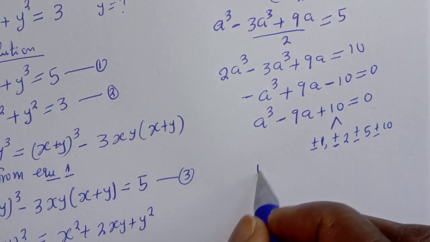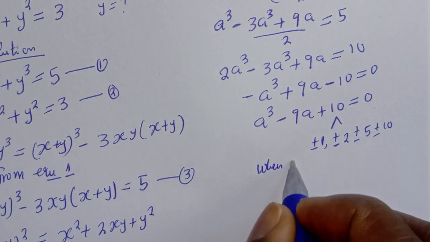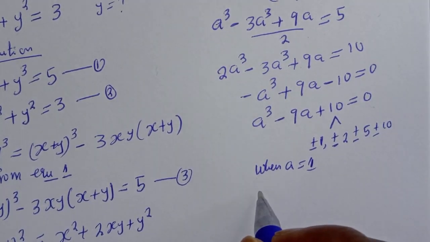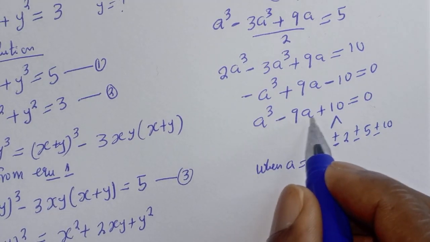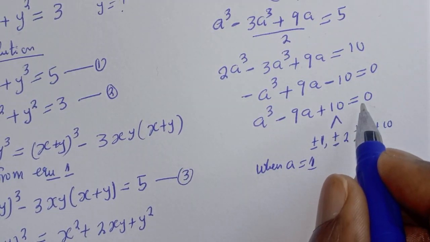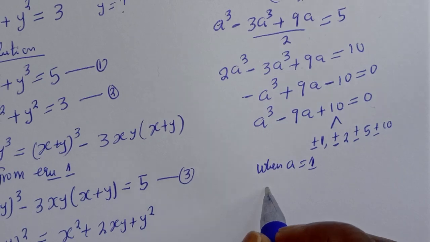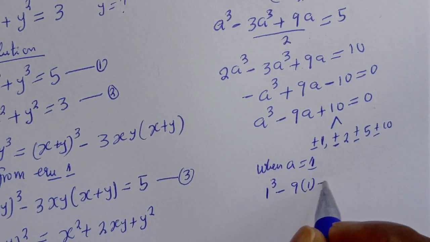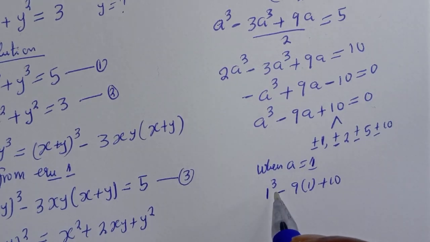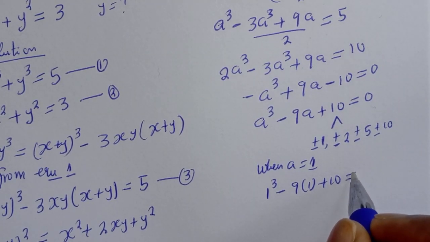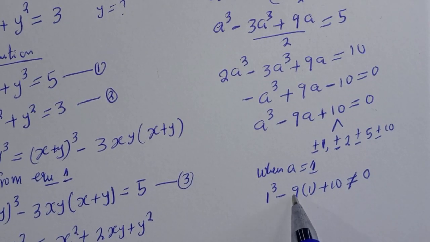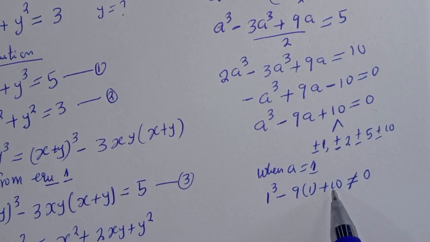When A is equal to 1, let's see. A raised to power 3 minus 9A plus 10. Let's check if it's going to be equal to 0. We have 1 raised to power 3 minus 9 bracket 1 plus 10 is not equal to 0, because 1 raised to power 3 is 1 minus 9, that is minus 8, plus 10, that is 2.